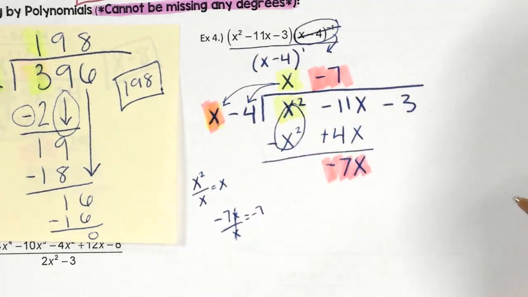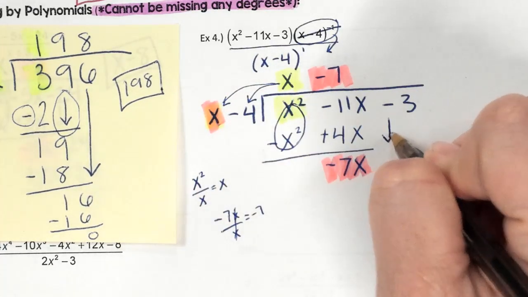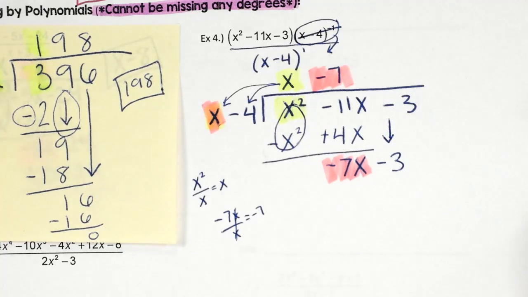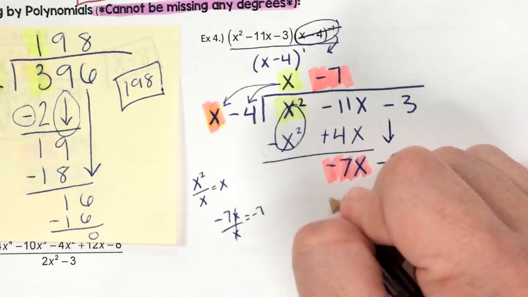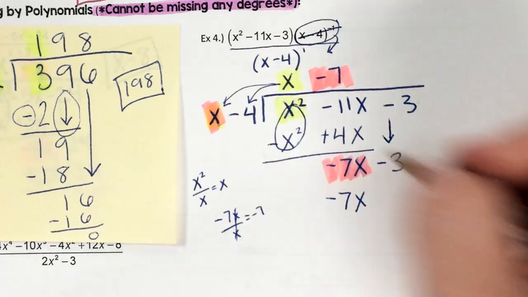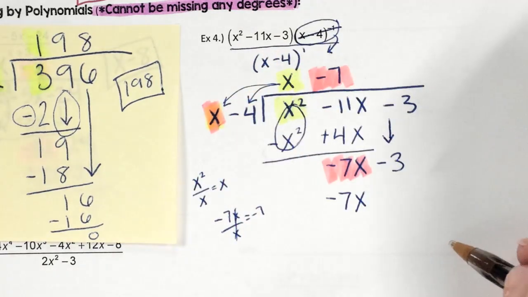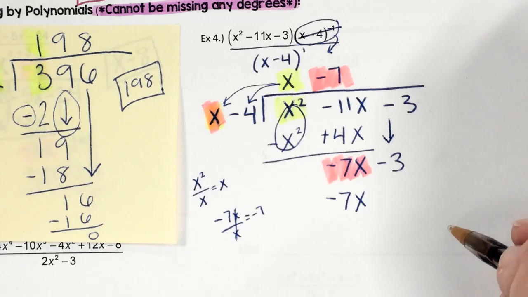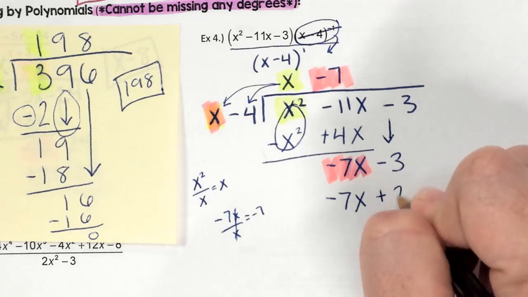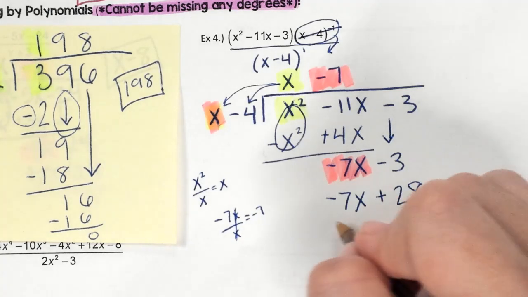Now, oh, sorry, what did I forget to do? Bring down my minus 3. Now I multiply. Negative 7 times x is negative 7x. Negative 7 times negative 4 is what? Positive 28, because two negatives makes a positive.